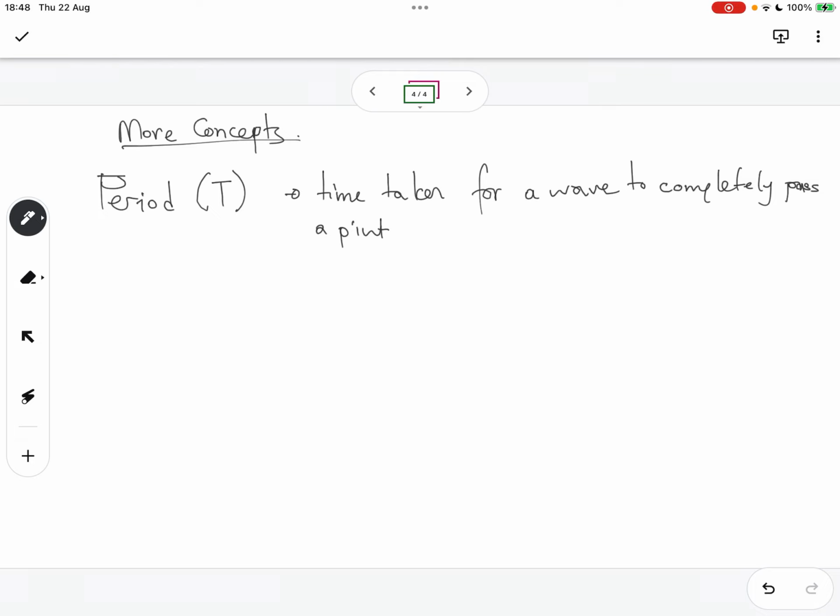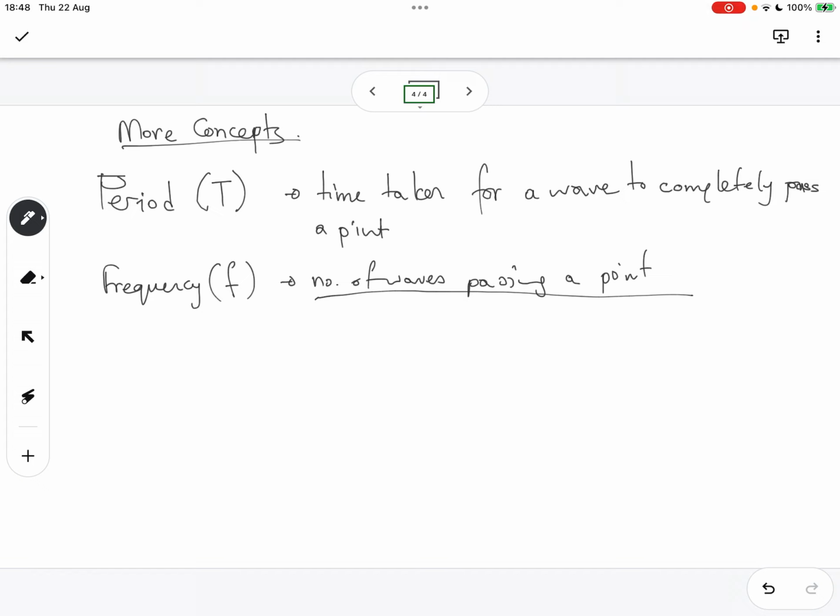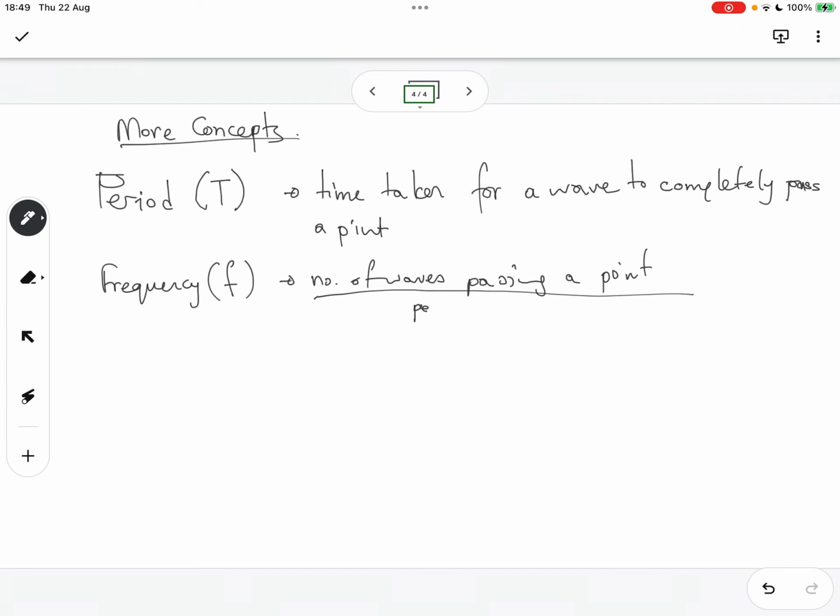And another thing is that, remember frequency, F is the number of waves passing a point per unit time, right? So number of waves passing a point over a period of time, or over an amount of time.